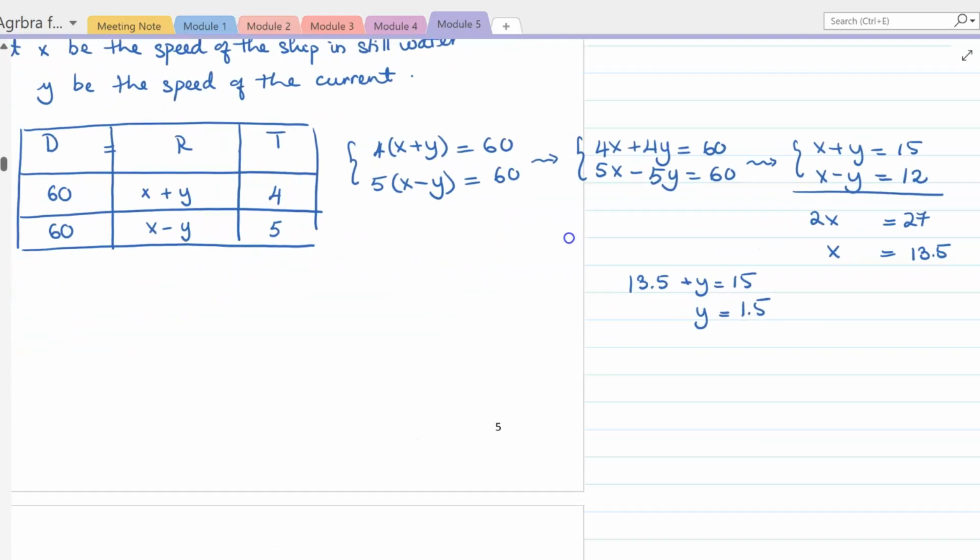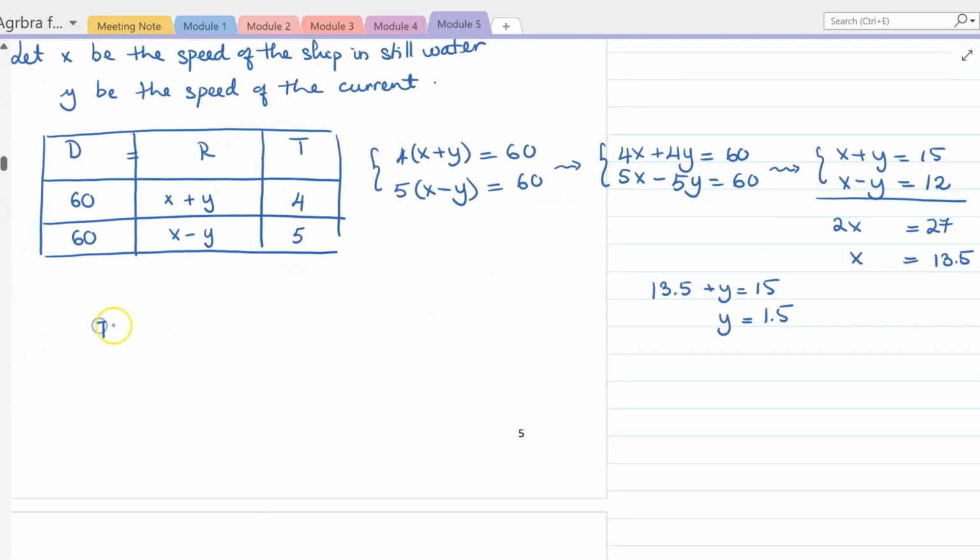So this is telling us that the speed of the boat is 13.5 miles per hour, and the speed of the current is 1.5 miles per hour.